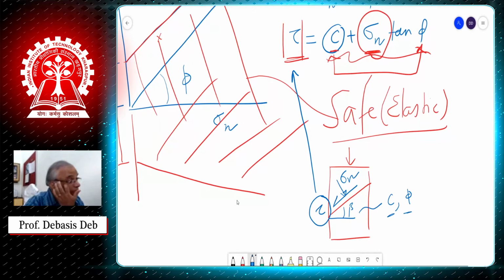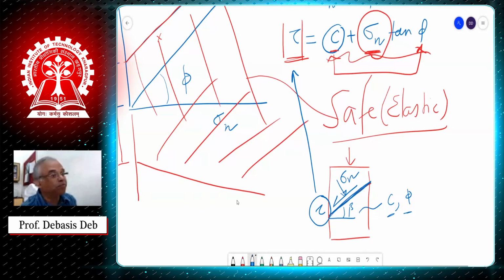So this has two material properties. One we call cohesion, another is the angle of internal friction. This is what I told you last time. I have also told you that it is very difficult to measure sigma n and tau, because before the test I do not know what this failure line will be.